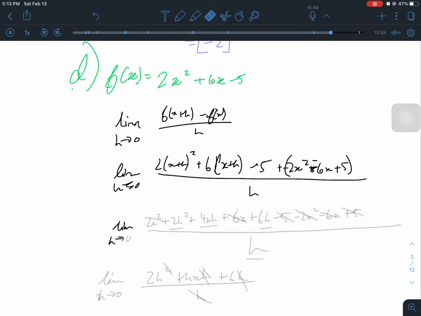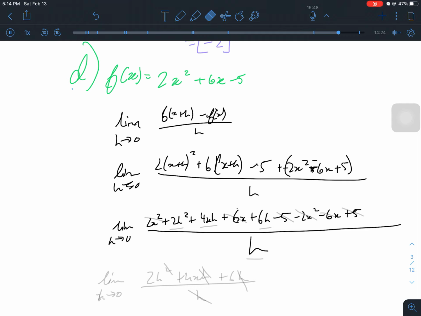Limit of h approaches 0, 2x squared plus 2h squared plus 4xh. I'm just distributing everything here. Plus 6x, and then plus 6h minus 5, and then minus 2x squared minus 6x plus 5 over h.